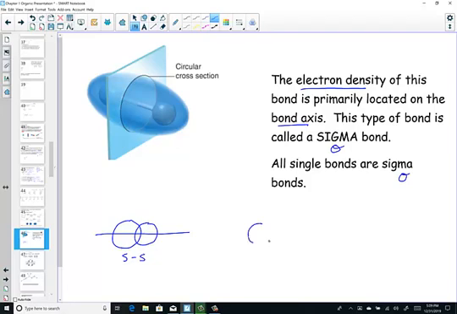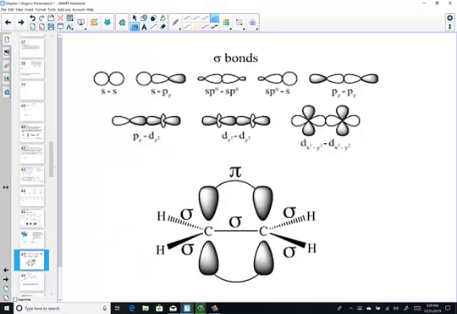I could have an S-shaped cloud overlap a P-shaped cloud head to head, and it would still have all of the electron density on the x-axis, so an SP overlap could also be a sigma bond. Of course I should have drawn those actually overlapping, that would have been better. And if I draw that a little nicer, here are some examples of sigma bonds.